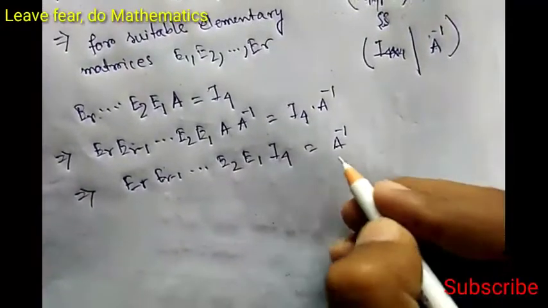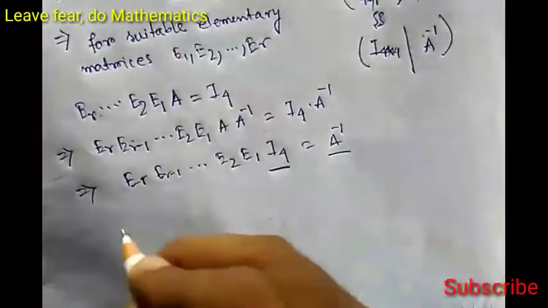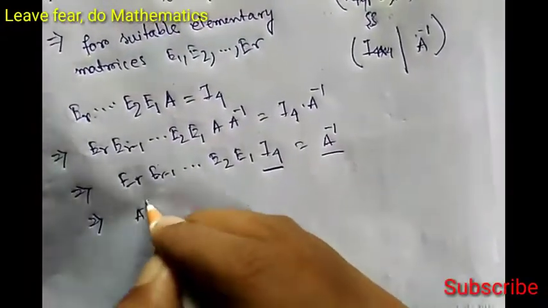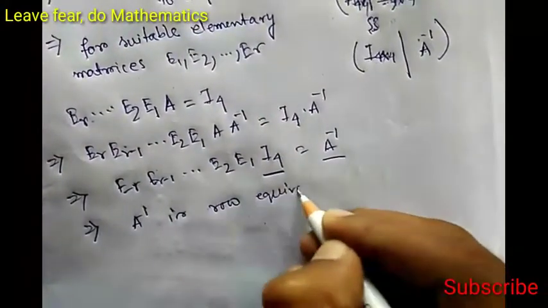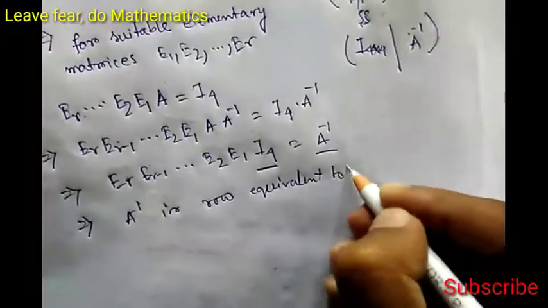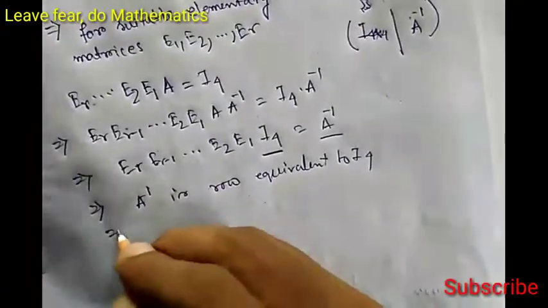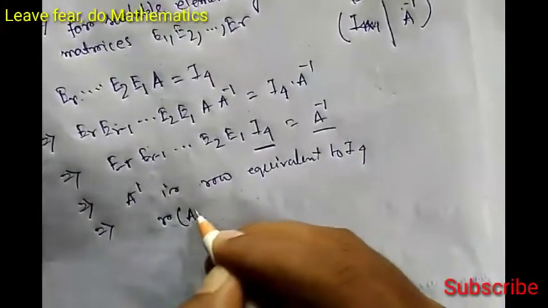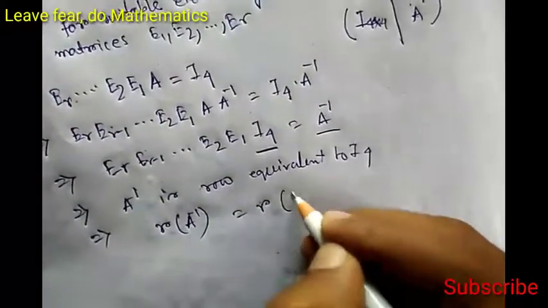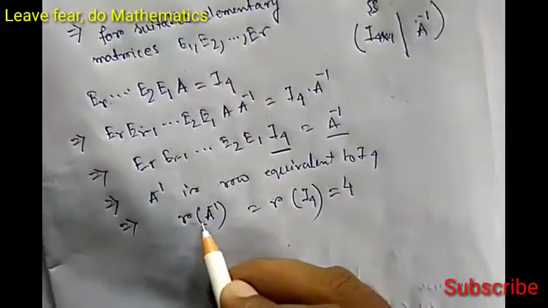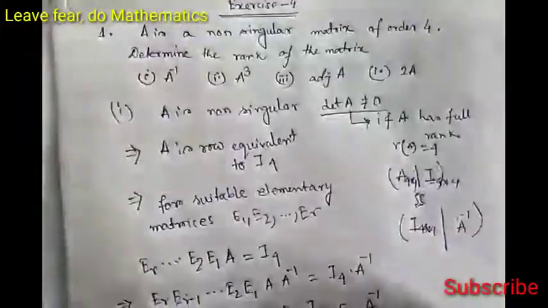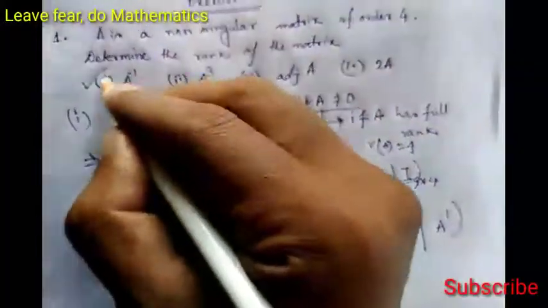So A inverse is row equivalent to I4. This means the rank of A inverse is equal to the rank of I4, which is 4. So A inverse has rank 4. We have proved the first option.